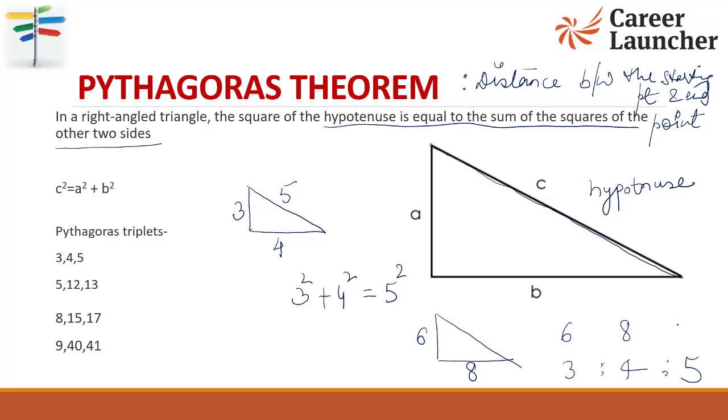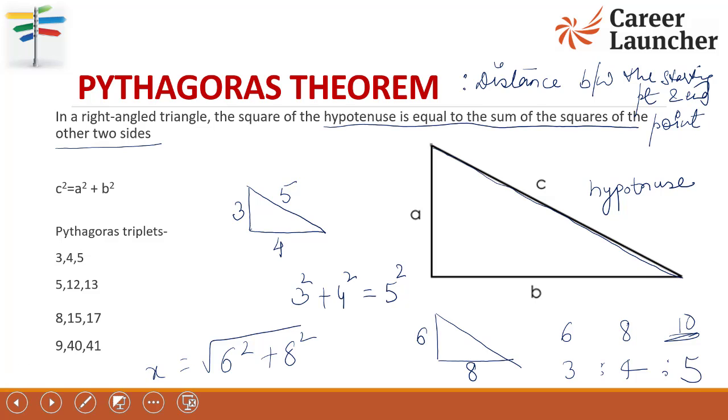So the third side would be 10. Why? Because 3 into 2 is 6, 4 into 2 is 8, so the third side should be proportional to 5, and 5 into 2 is 10. So I will not be doing my calculation like this. I can skip this calculation if I remember the triplets.